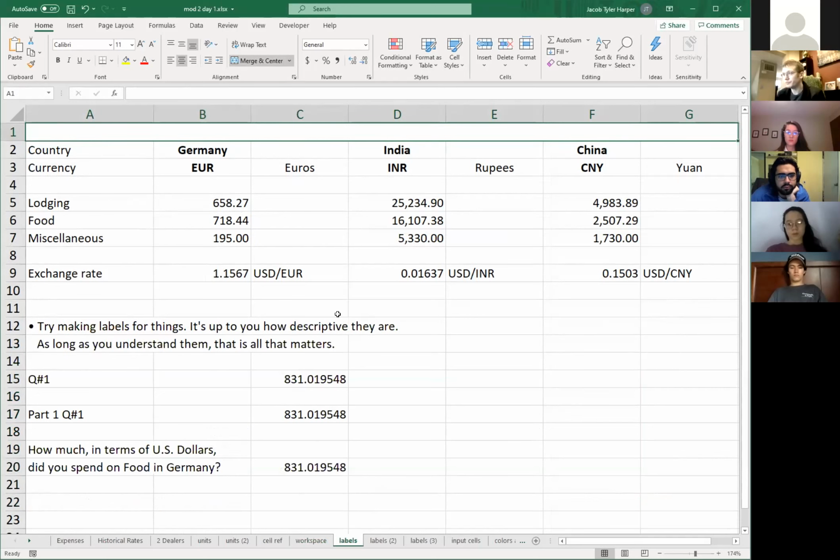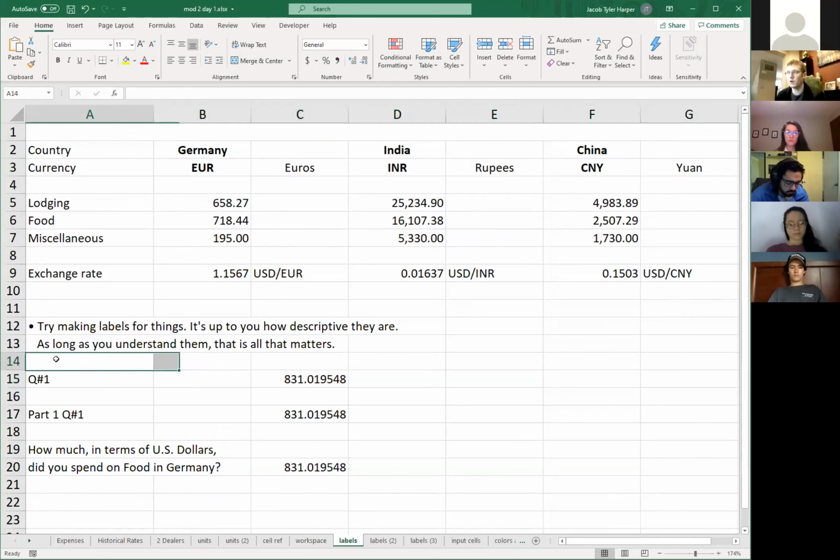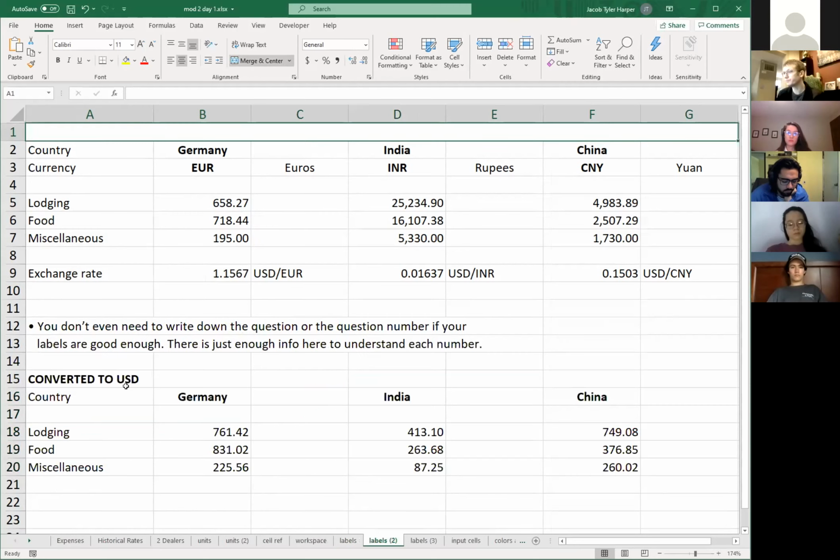So what are some things you can do instead of just writing out the arithmetic? Well, you could throw on some labels. So like maybe at minimum you throw what question you're on, or maybe you actually write out the question. These are all just suggestions. You don't have to do any of this, but this can make it easier to read when you come back to it. Remember, this is your notes. Do what is helpful to you.